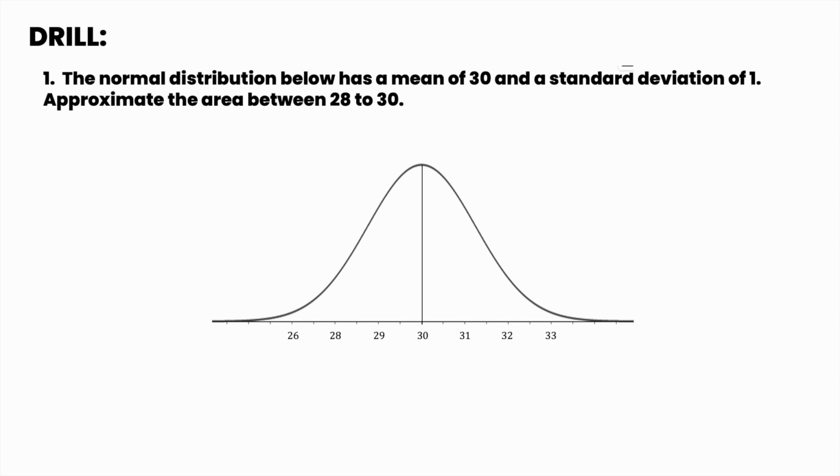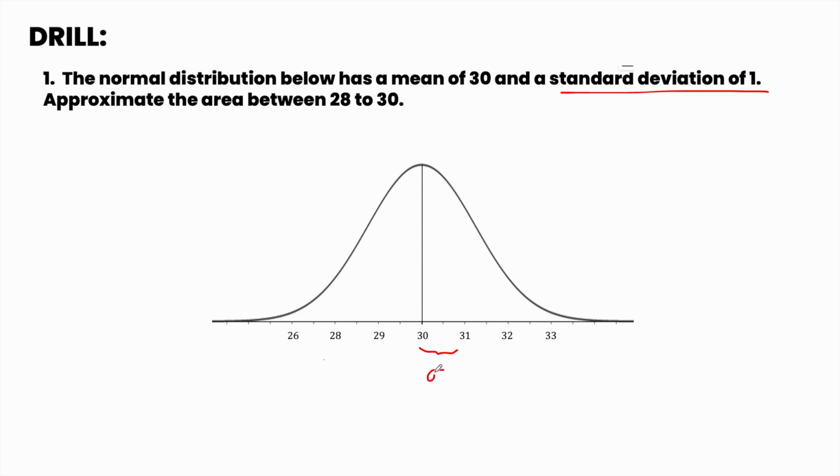The normal distribution below has a mean of 30 and a standard deviation of 1. Approximate the area between 28 and 30. As you can see, the gap between these numbers is 1 since the standard deviation is 1. So this is the mean. From this value, we're going to travel to 31.